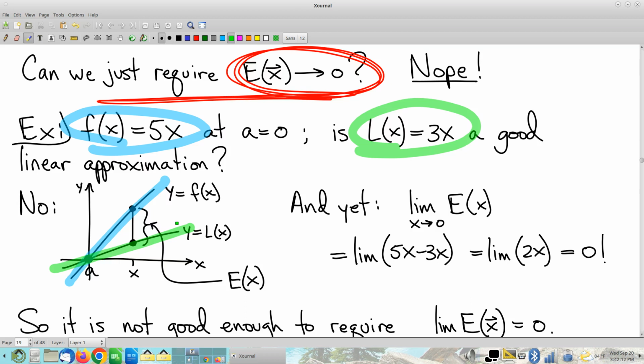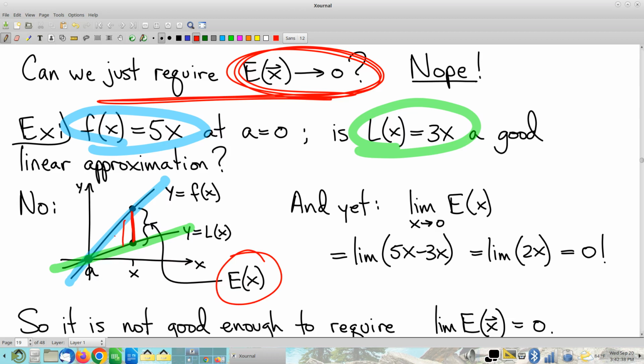It's already linear. It is its own best linear approximation. This is going the wrong way. This is not tracking the curve that it's supposed to be tracking. Does that make sense? This is a bad linear approximation. And yet it has error approaching zero, and you can see the errors right here.